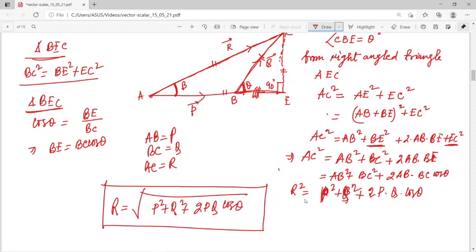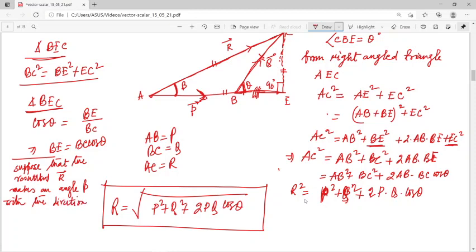So suppose the resultant R makes an angle beta with the direction of vector P.